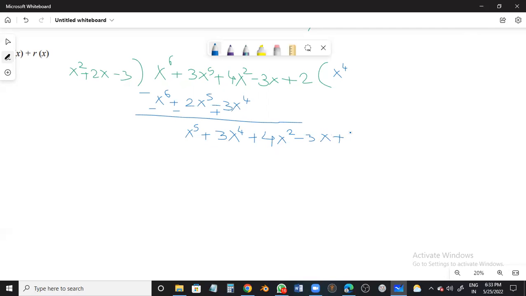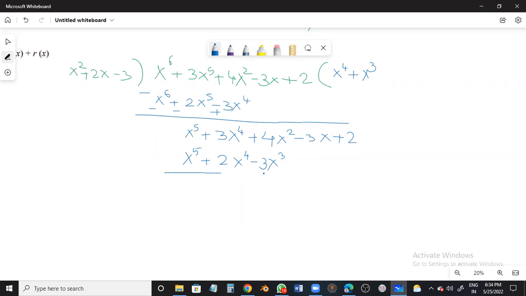Now let us once again carry out our division. Next I will have x cube, x raised to 3. What does it give me? x raised to 5 plus 2x raised to 4 minus 3x cube.